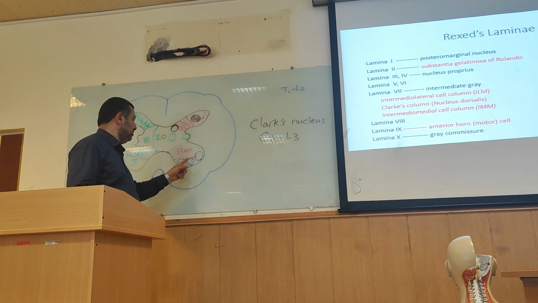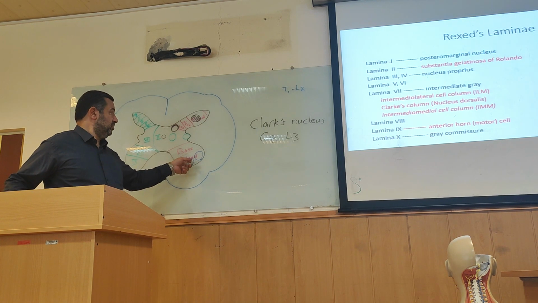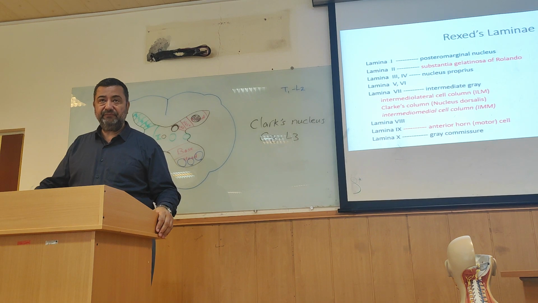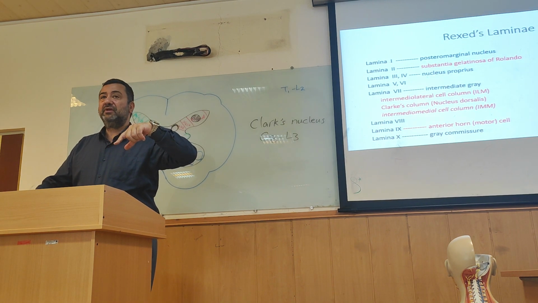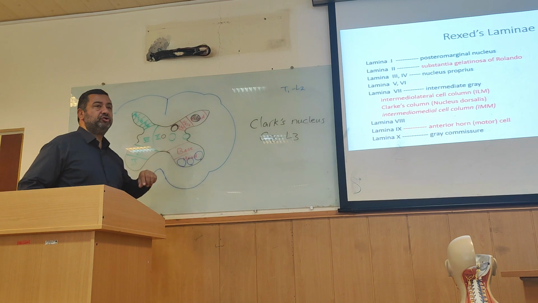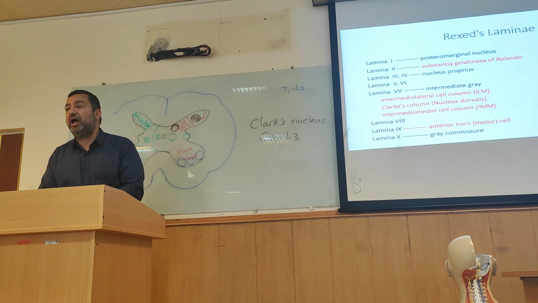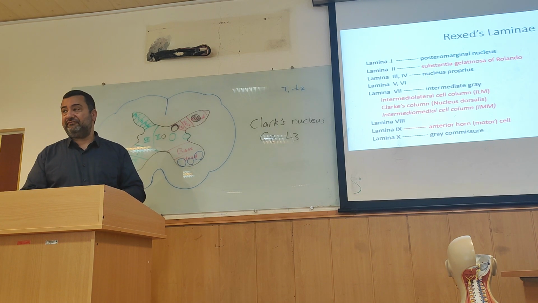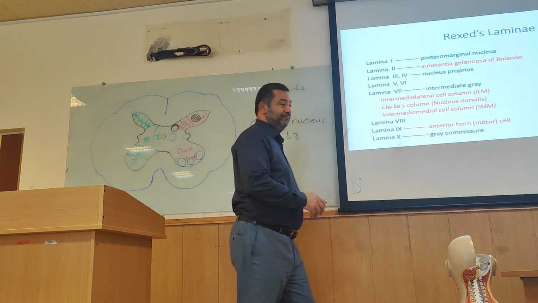From C1 to C5, there is another central nucleus that makes spinal nucleus of the accessory nerve, cranial nerve number 11.